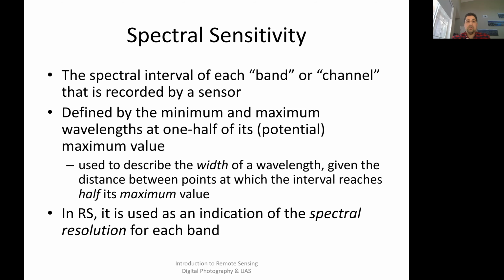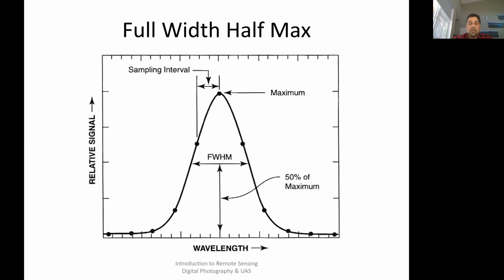What we're talking about, we talked about this before, is the band window. I think that's what I referred to it as. What band or what channel is the specific spectral resolution sensitive to? Where is it sensitive to that particular range on the radiometric spectrum? So, minimum and maximum wavelengths at 1/2 of its potential maximum value. Let me just show you over here, because this is a better way.